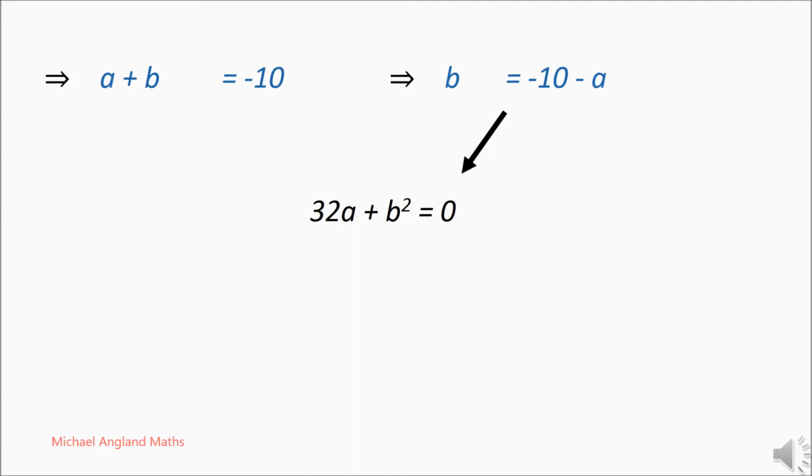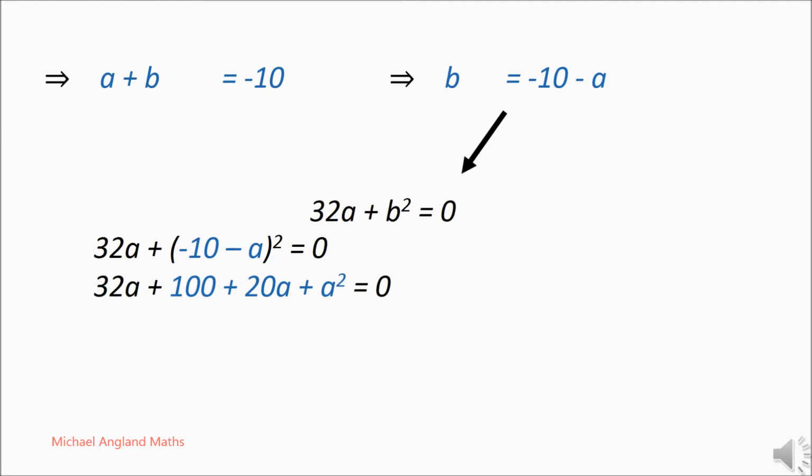So here's my equation, 32a plus b squared, and down below I'll make this substitution. So my first line becomes 32a plus bracket minus 10 minus a bracket squared, because that's what b is from above. And now we will expand that progressively and solve it.